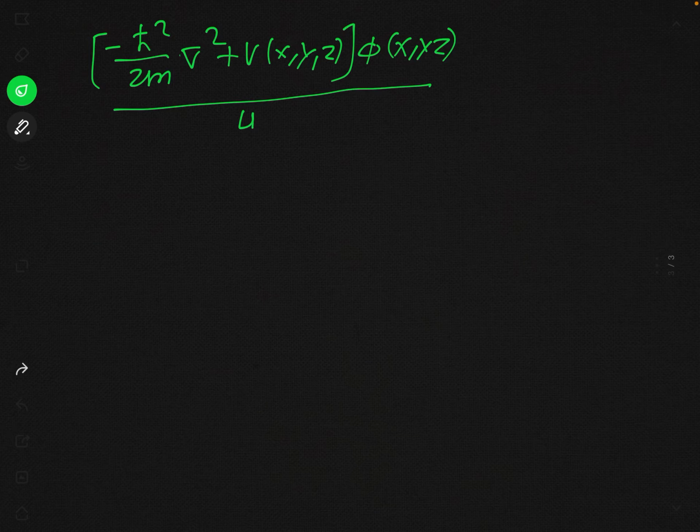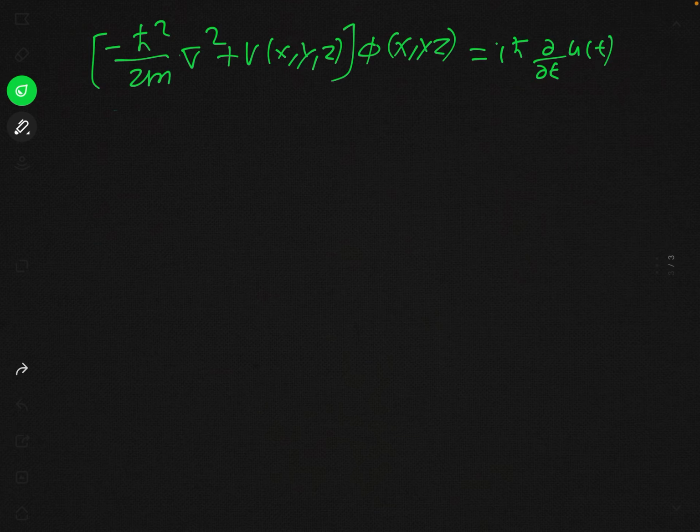Sorry, nothing will be over because u of t has been cancelled out, and in RHS there will be i h bar del by del t of u of t, u of t.